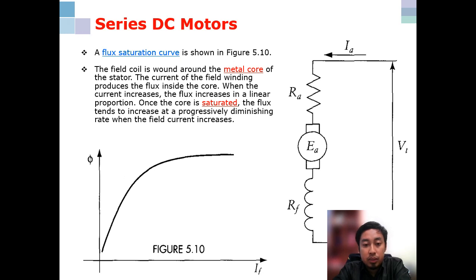For the series DC motor, we must also know about the flux saturation curve, as shown in figure 5.0. Why do we have a flux saturation curve? The field coil is wound around the metal core at the stator, and the current of the field winding produces flux inside the core.